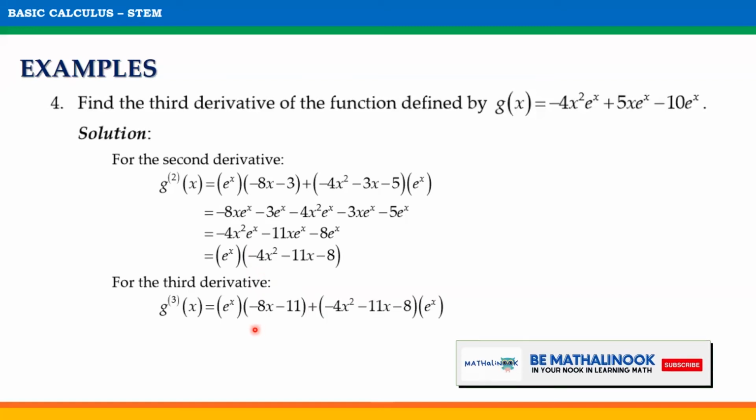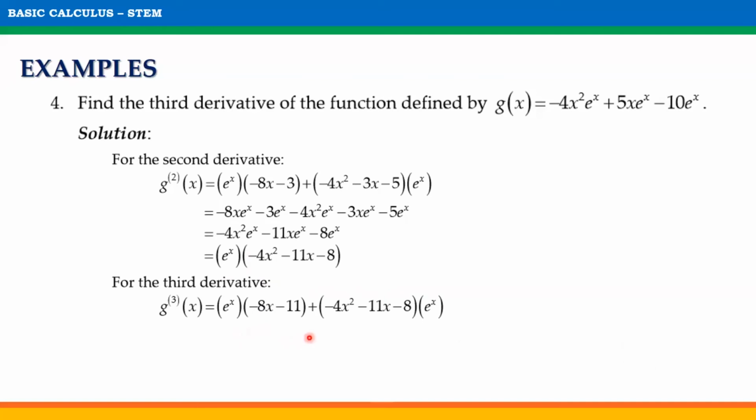So we will get the third derivative to be equal to e raised to x times negative 8x minus 11 plus negative 4x squared minus 11x minus 8 times e raised to x. Simplifying it, we will get negative 8x e raised to x minus 11 e raised to x minus 4x squared e raised to x minus 11x e raised to x minus 8 e raised to x.